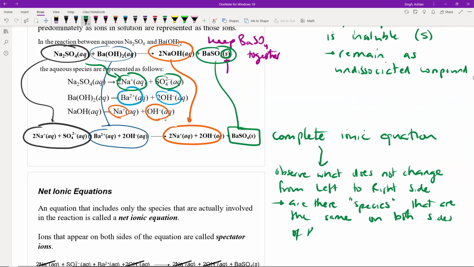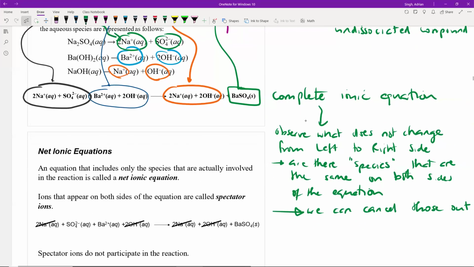And if there are, what we can do is we can cancel those out because they don't change, right? They are the same. They're there at the beginning and they're there at the end.